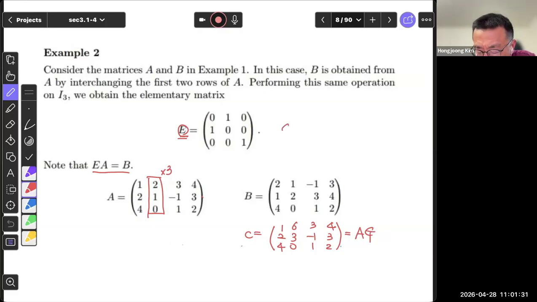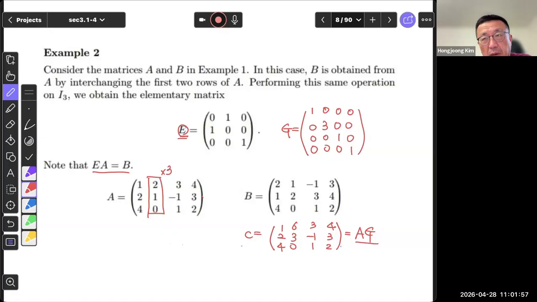And G is an elementary matrix obtained from the identity matrix, right? You perform the same column operation, I mean, multiplication by 3 to the identity matrix. And then if you multiply G to A, you get C matrix, right?